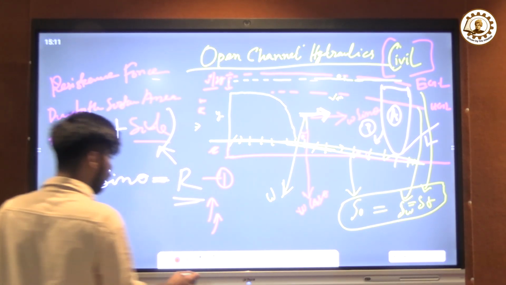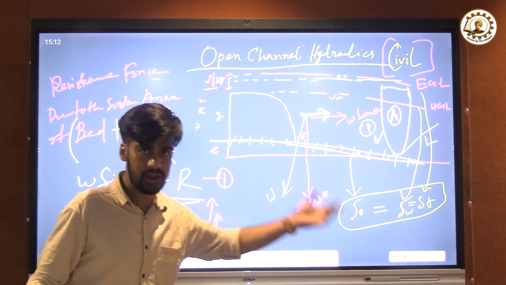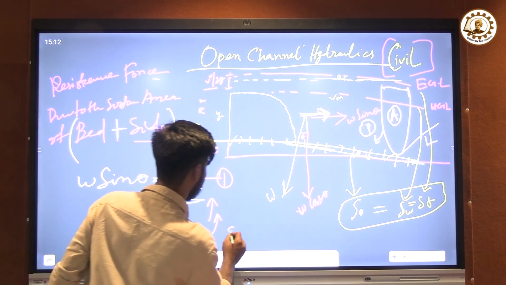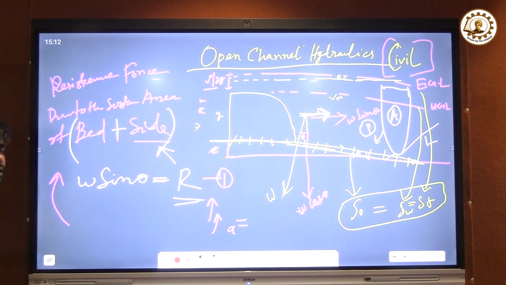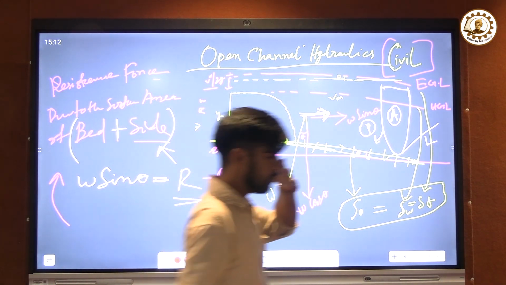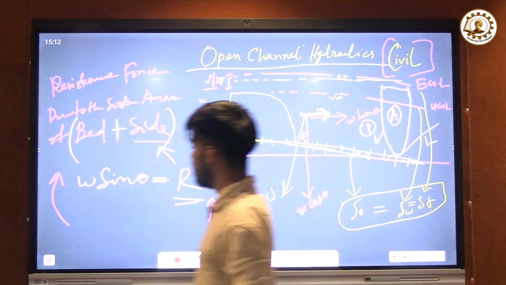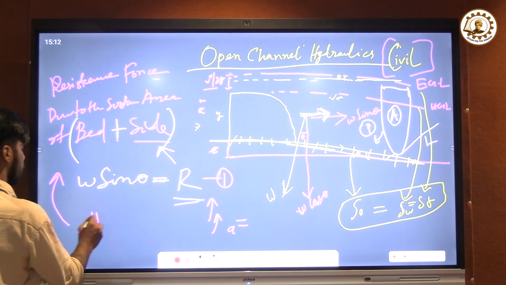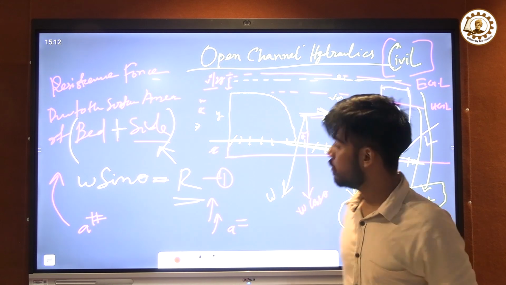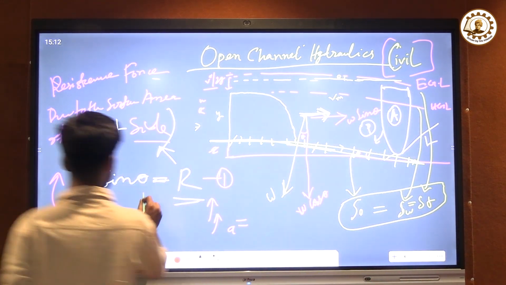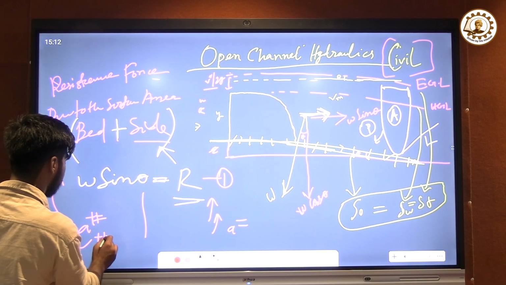The rate of change of velocity, the acceleration, will decrease. And if the W sin theta, the component of the weight in the direction of flow, increases, then automatically the acceleration will increase, and the velocity is also increasing.